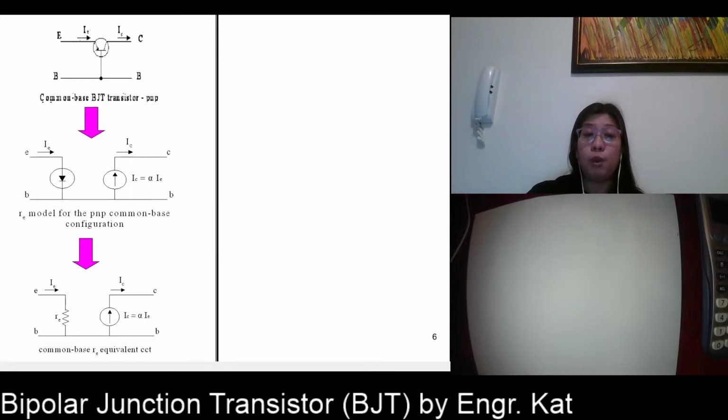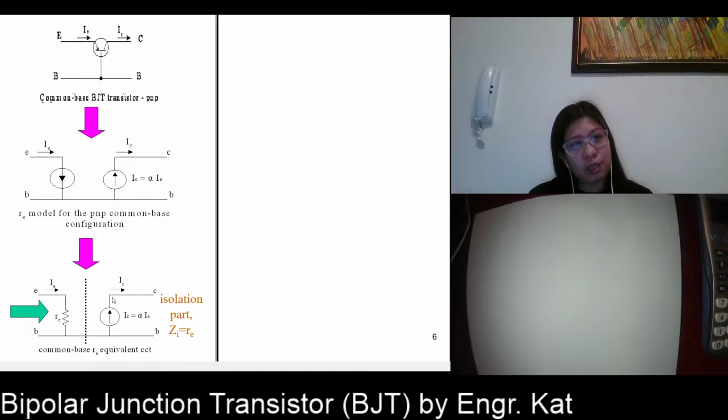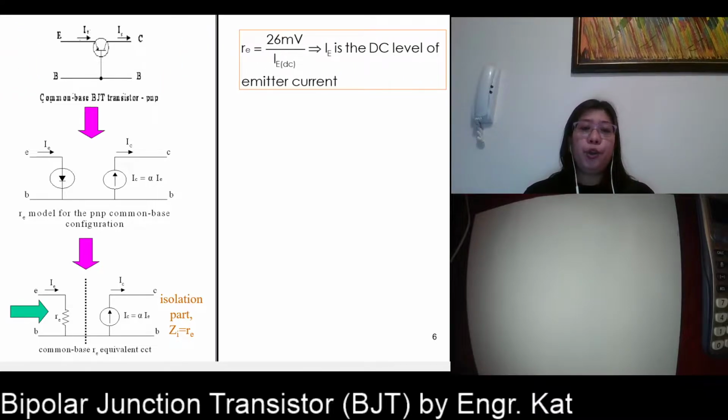So how are we going to determine your re? As we can see, the emitter here is not connected to the collector here. So we are isolating your input side and your output side. Okay, so your re now will be the basis for our input resistance.